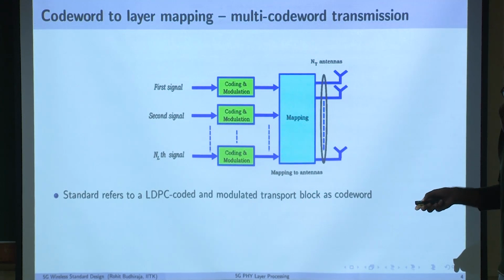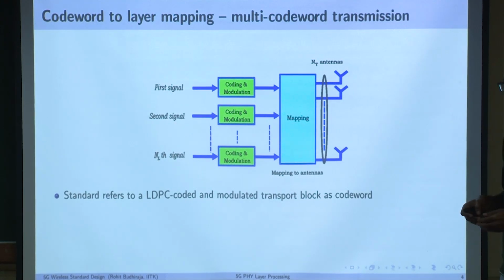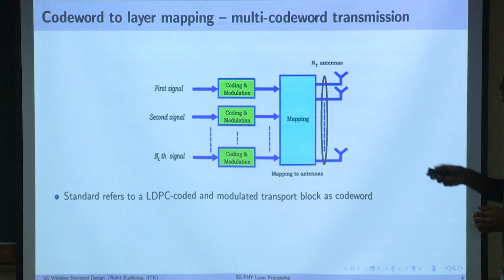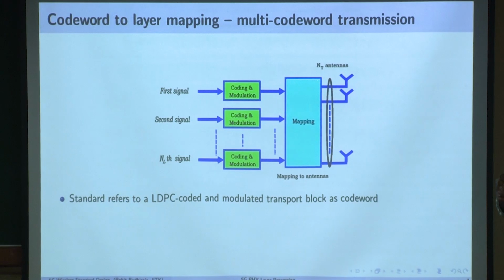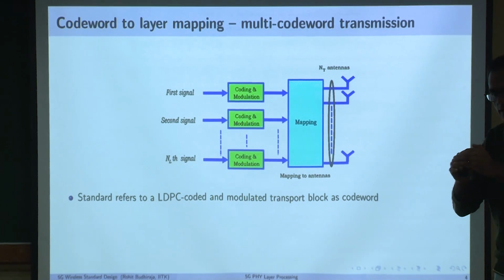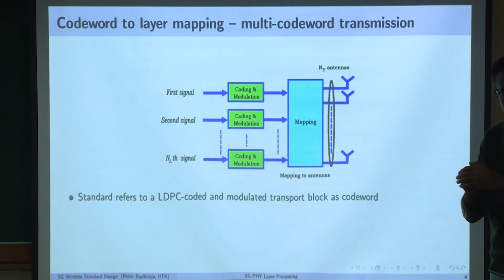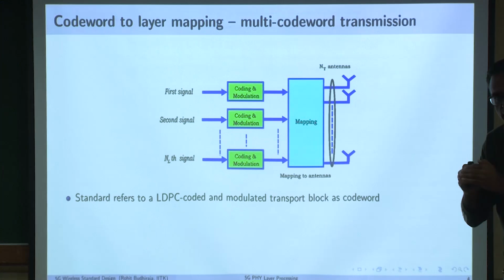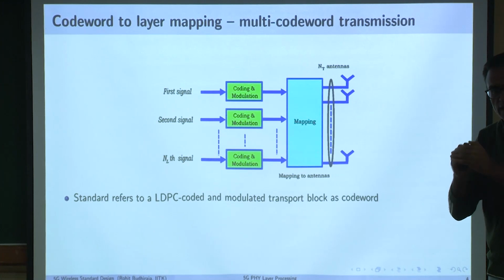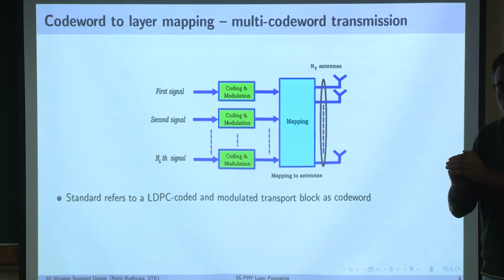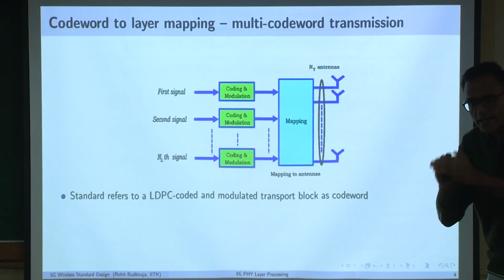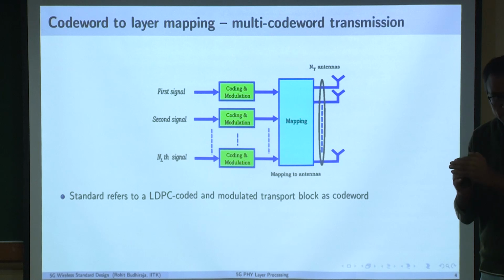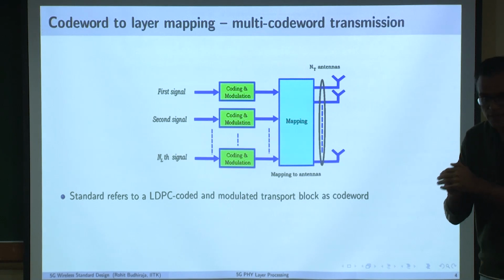I am looking at multi code word transmission. What am I saying here? If the number of layers is, let's say, 4, why is the standard or the MAC layer transmitting only 1 transfer block? Why not NL different transfer blocks being transmitted? That's the question I am trying to answer.